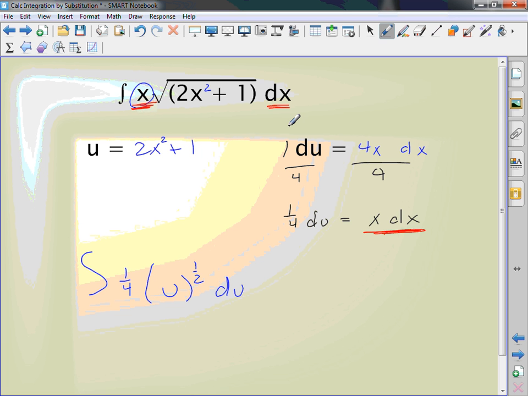So they're equal to each other, right? So 1/2. Why is the 1/2? Square root means 1/2. Yeah, I could do the radical u, but most likely you're going to go to the next step. Here, I'll just do it. Radical u. And what you're going to do next is change this to the 1/2 to make it easy on yourself. Now I take the antiderivative.